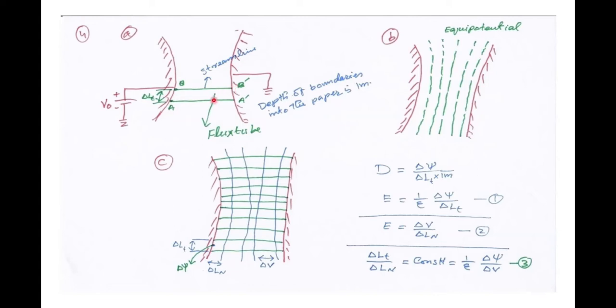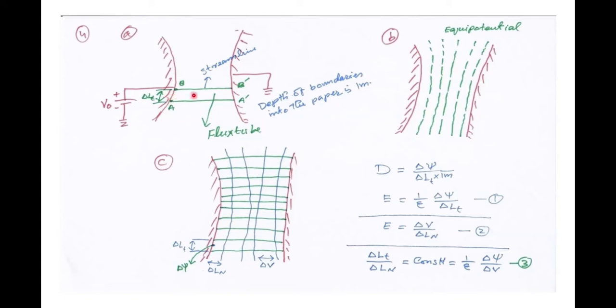These two streamlines combined produce flux tubes. The length between A and B is denoted by delta LT, where T represents the tangential length along the boundary, and the depth of the conducting boundary is 1 meter into the screen.